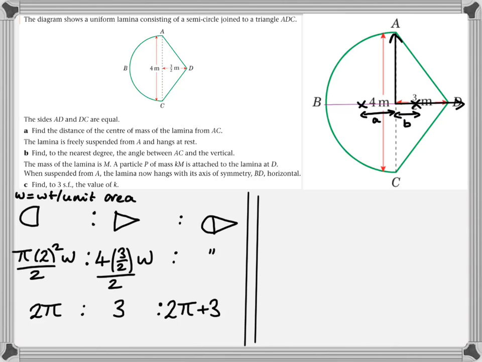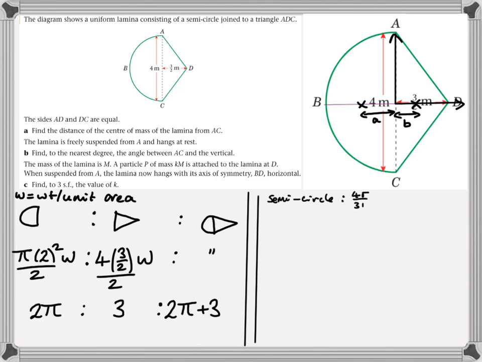That simplifies to be 2 pi to 3, and therefore if I add them together I get 2 pi plus 3. The next job is to find where the centres of mass of my two shapes are going to be, and these are really just standard formulae. If you look back in your notes, you'll find the centre of mass of a semicircle, which I did advise you to learn. In the formula booklet in the exam, you're actually given the formula just for a sector.